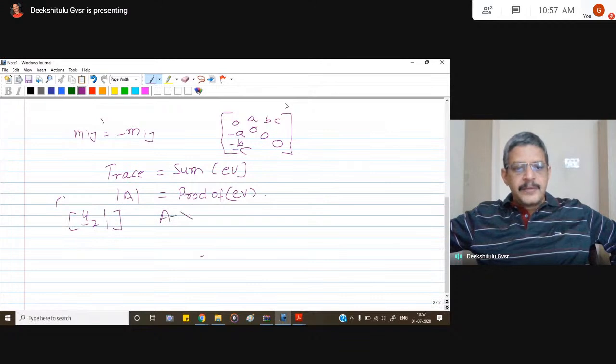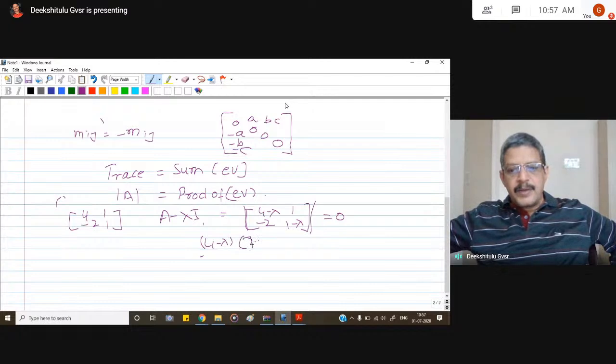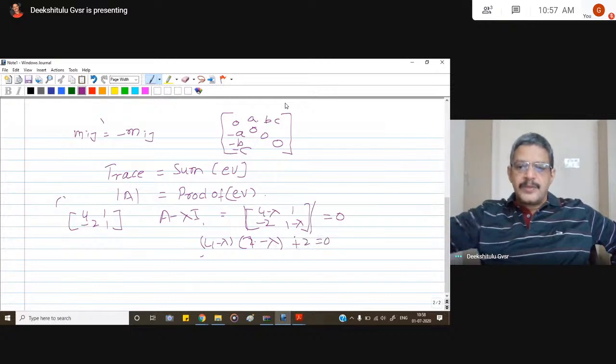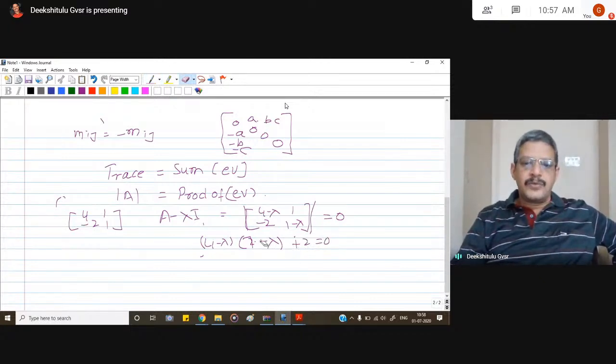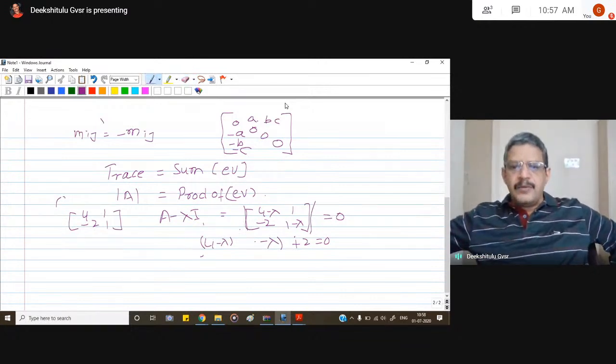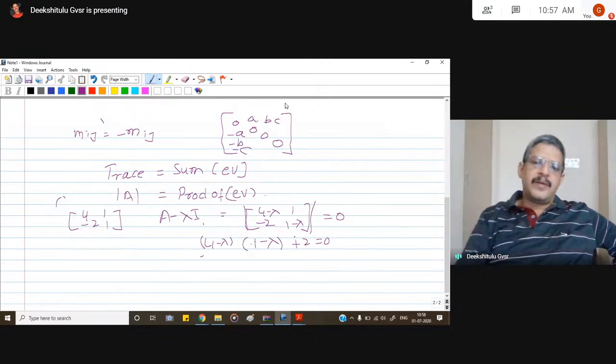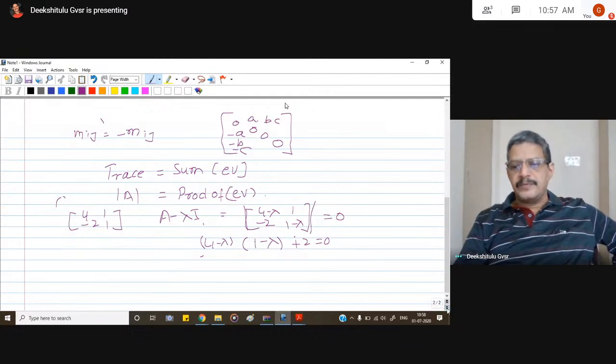So A minus lambda is 4 minus lambda 1 minus 2 1 minus lambda. Find the determinant of this, equal to 0. 4 minus lambda into 2 minus lambda 1 minus lambda plus 2 is equal to 0. So if you find the roots, you will get this. Because 2 by 2 matrix, you can do it better. You solve the eigenvalues directly, and you get the largest eigenvalue.